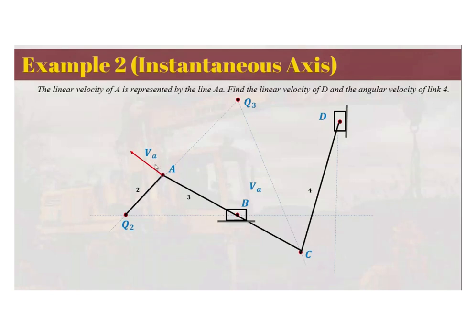So using that idea, we can find the velocity of C since we already have the velocity of A. All we have to do is draw an imaginary circle joining point A from the instantaneous center Q3. So we have this imaginary circle joining A from the center of rotation, which is Q3. The center of this circle is your point Q3.